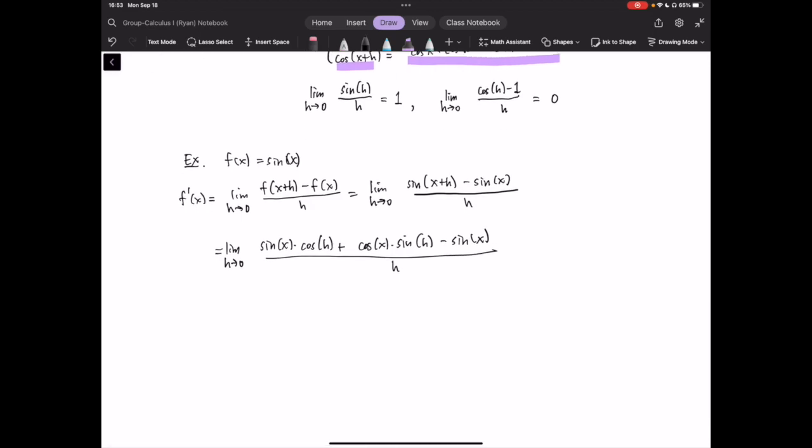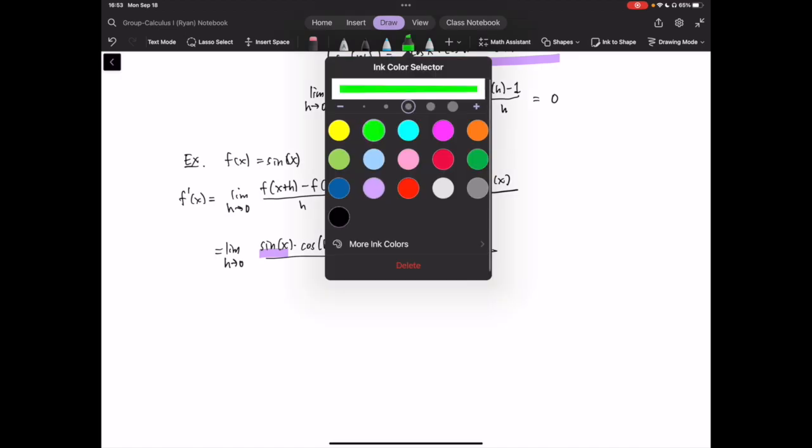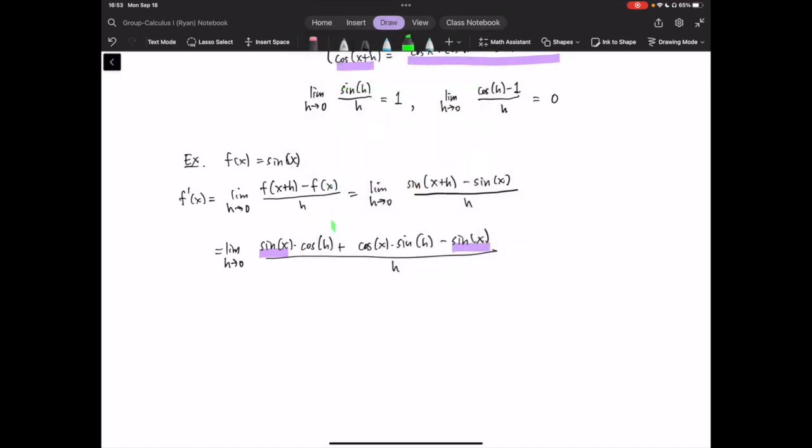Okay, so now what we want to do is factor some like terms here and just try to get this thing simplified a little bit. Basically we can see we have a couple like terms. The like terms here are sine of x right here, and really that's it. But if we group these terms together and leave the other one separately, we can break this into two different limits.